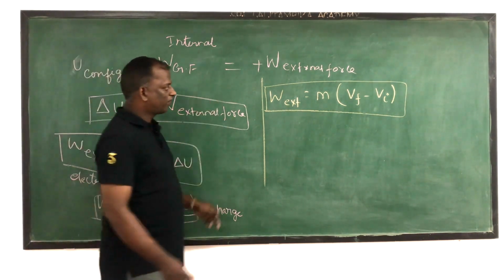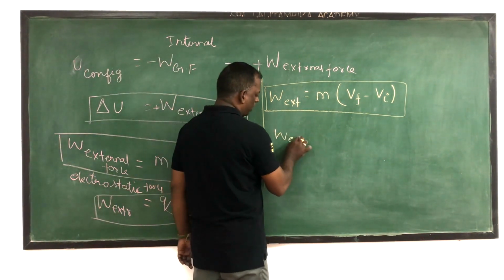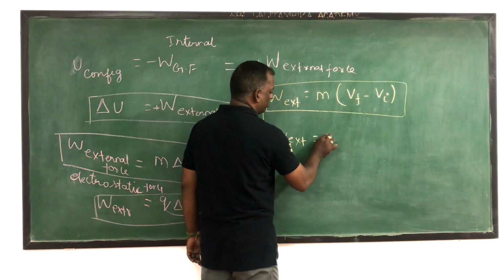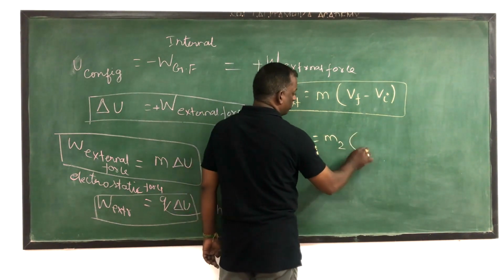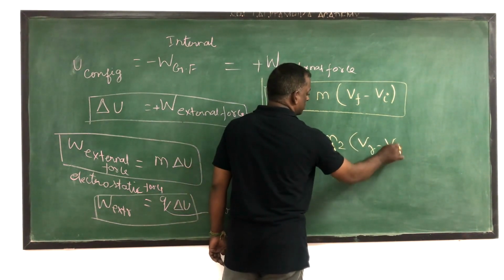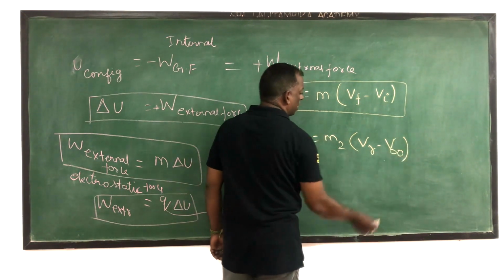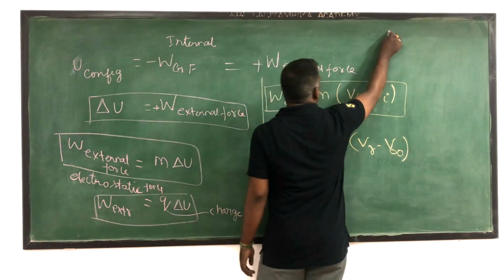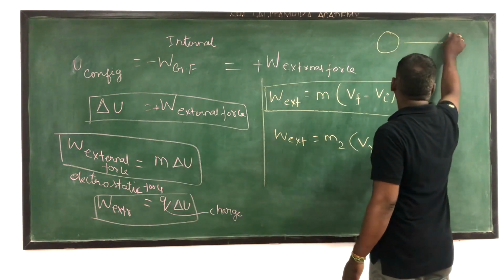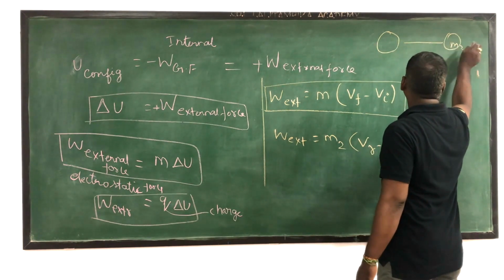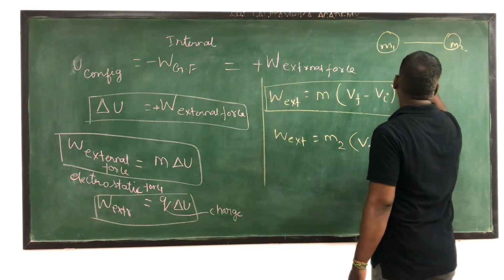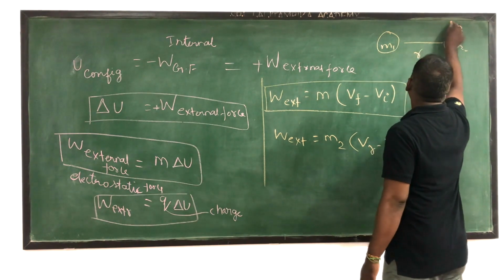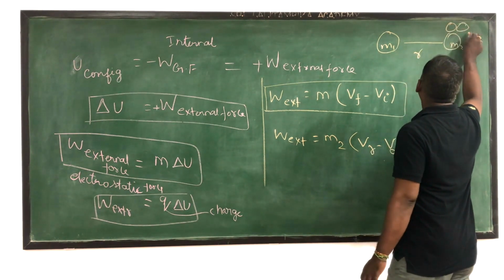So connecting that, the work done by the external force is equal to M2 into VR minus V infinity. The two masses are separated by distance r, brought from infinity.